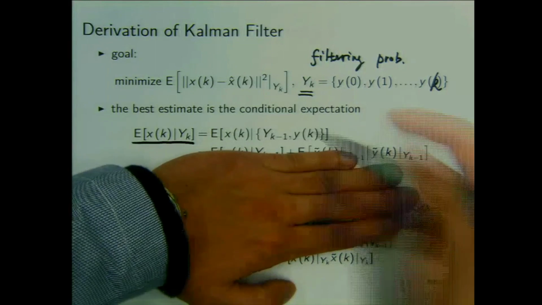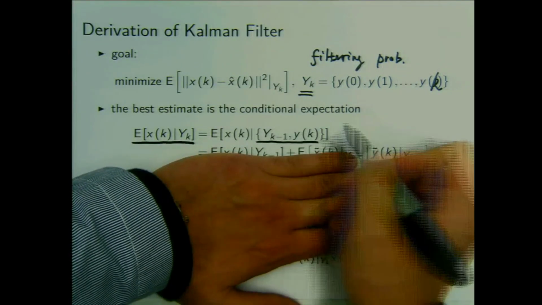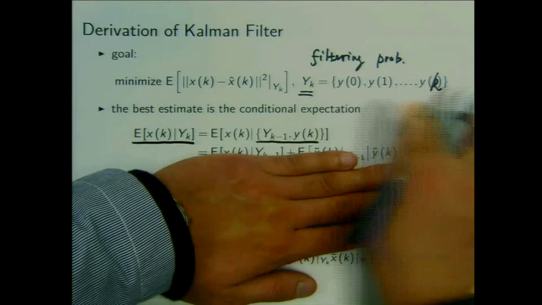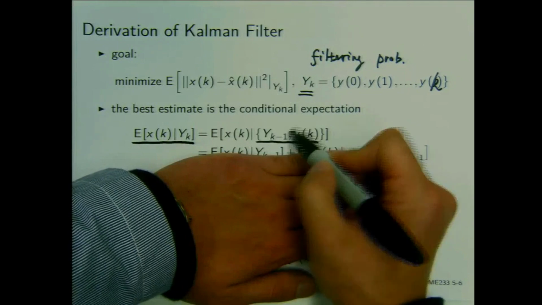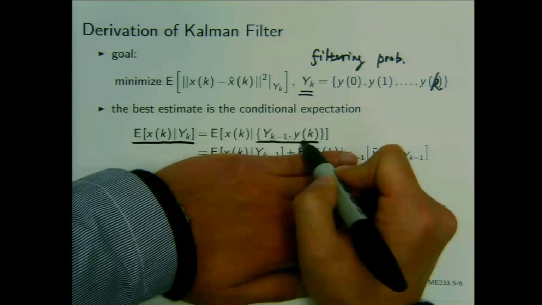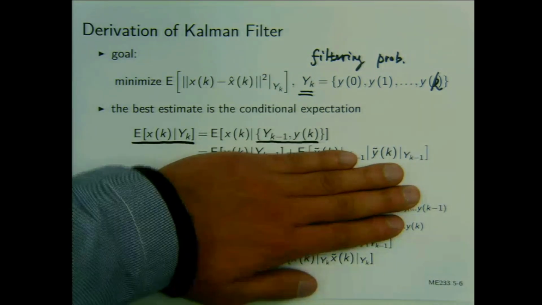Now, use this notation here. We can very easily decompose yk, all the information up to k, into two parts. The first part is all the information up to k minus 1, and the second part is yk. The reason I'm doing this is as follows.